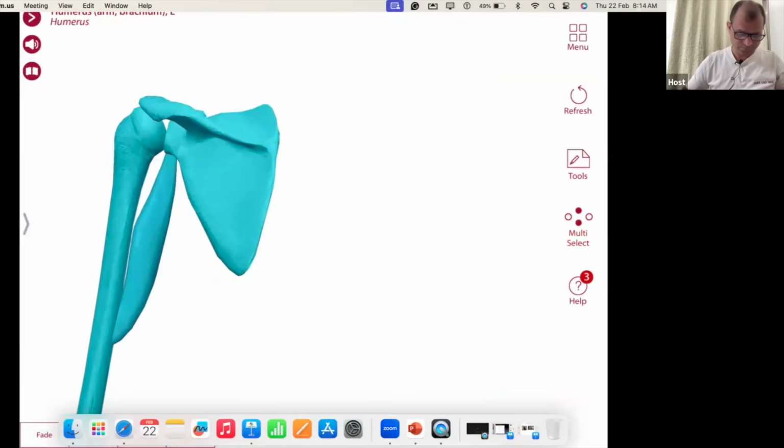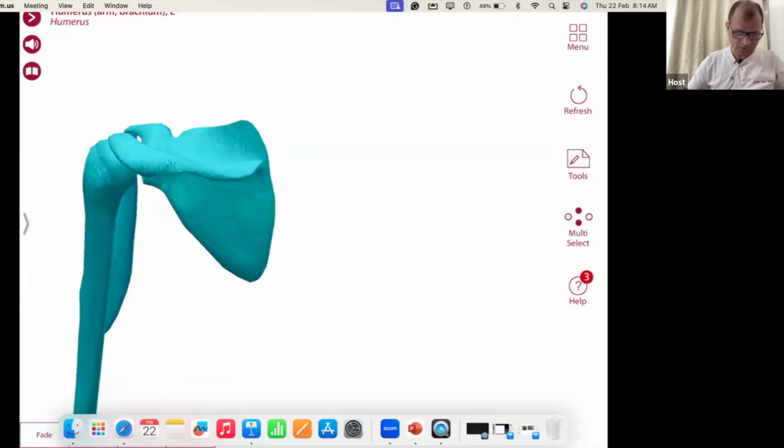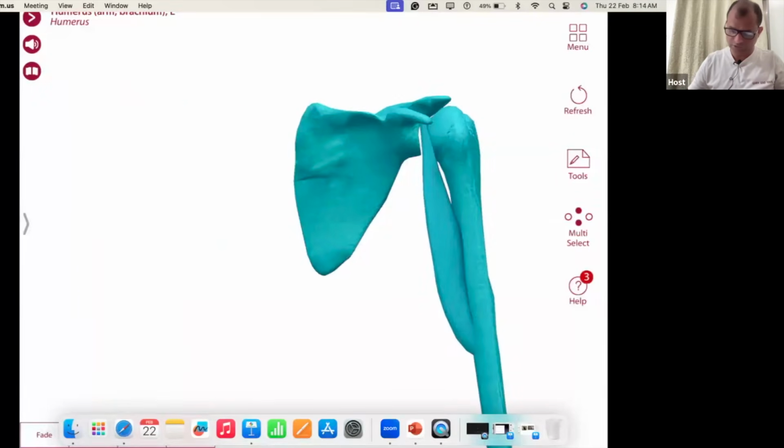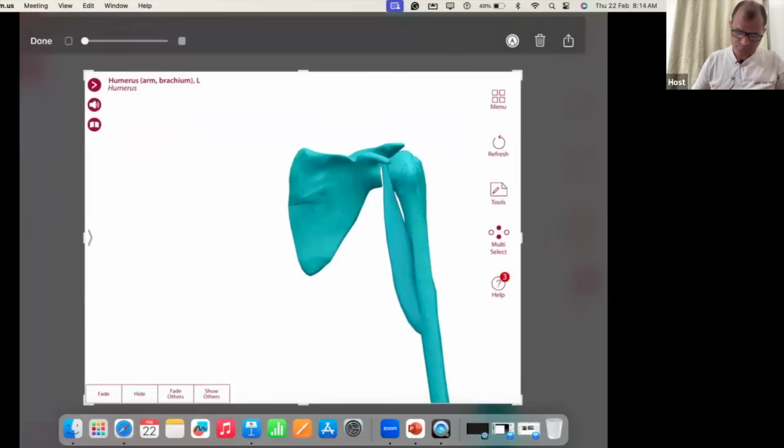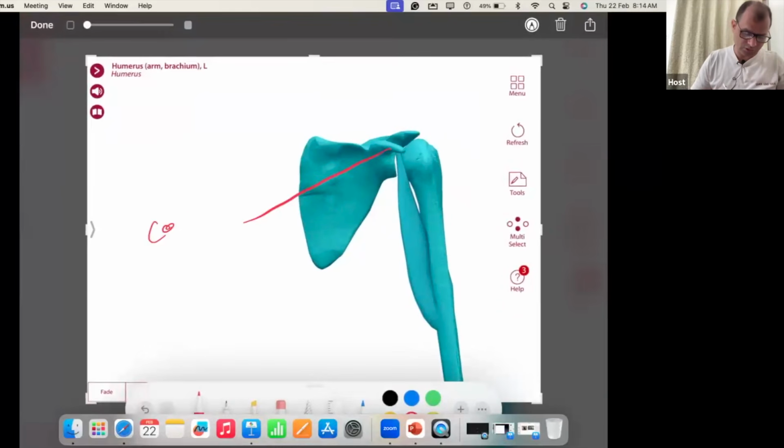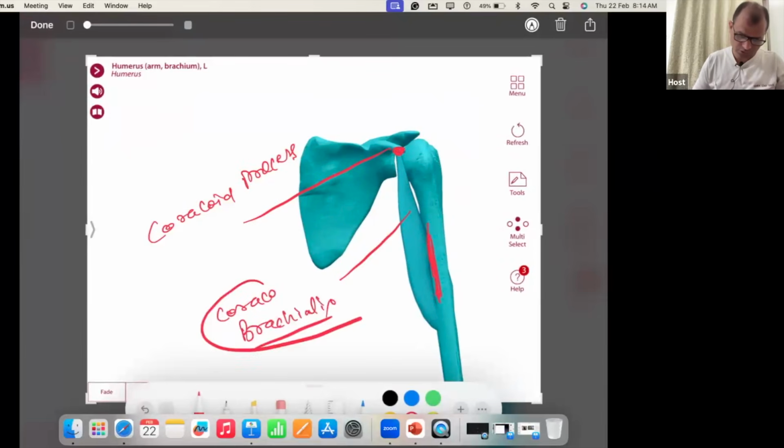This is called the coracoid process. I'm turning, and now we are looking from the front side. So this is the coracoid process, and this is the muscle coming from the coracoid process, called coraco and attaching with the humerus, brachialis. Coracobrachialis. Done. Over. I will not put more stress on your mind than this.